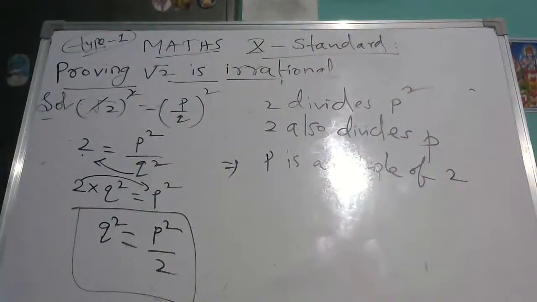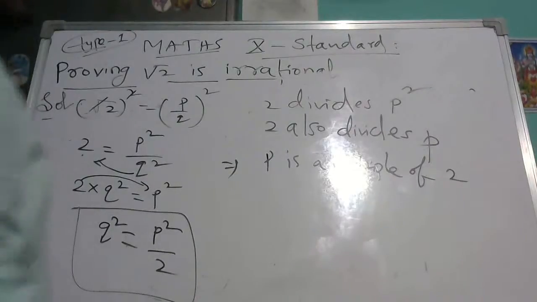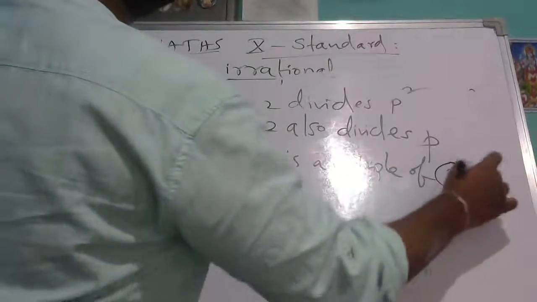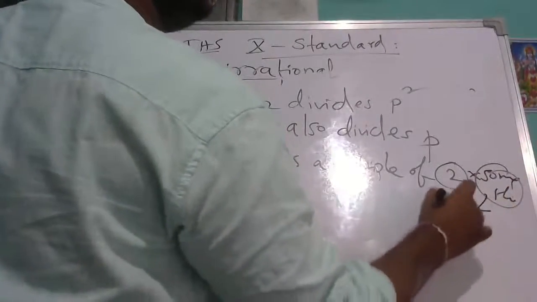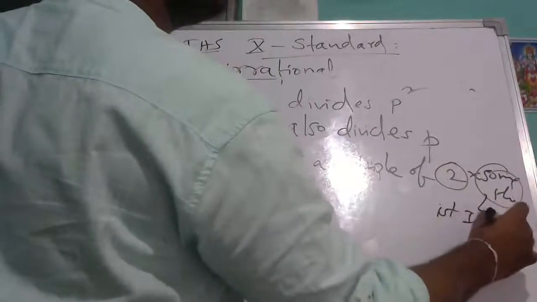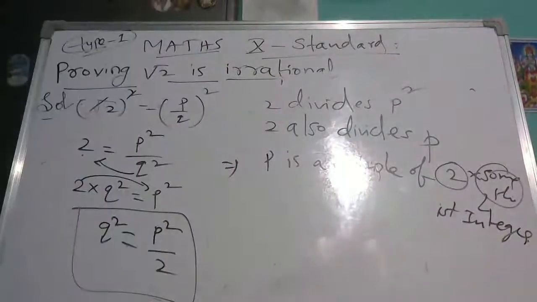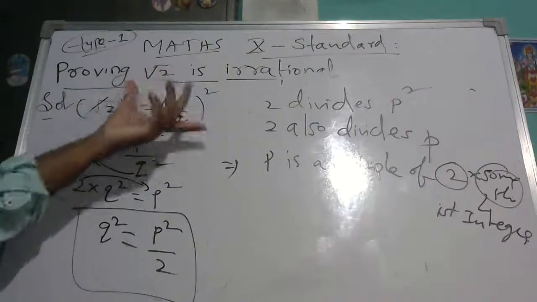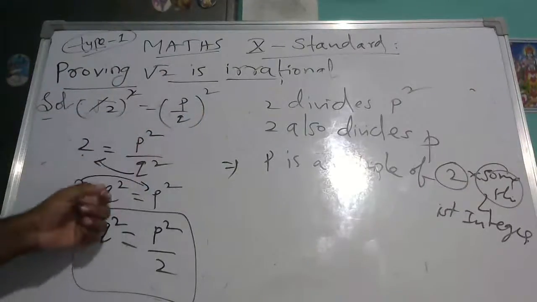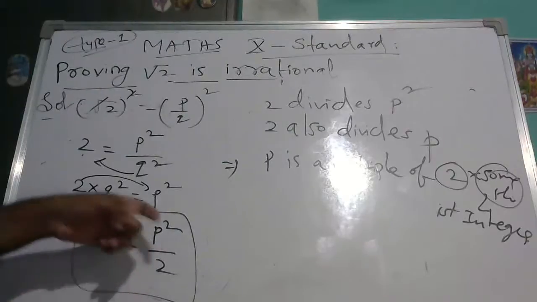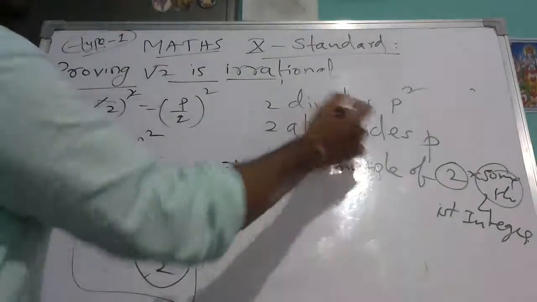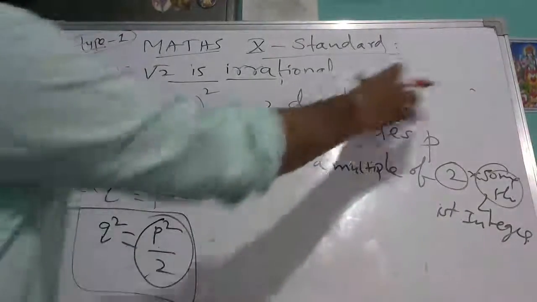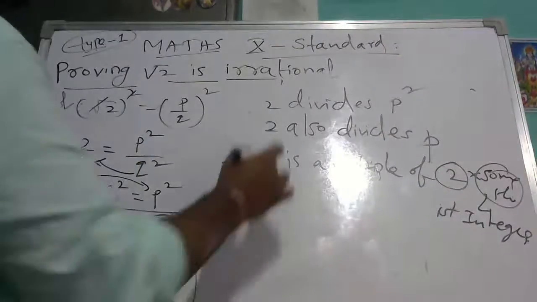That is, p is 2 into something, where something is an integer, positive or negative. Understanding or not? First, I said root 2 whole square; the square and root cancel, so 2 is p square by q square, and q square is equal to p square by 2. This statement means 2 is dividing p square, a square number. So 2 also divides p.